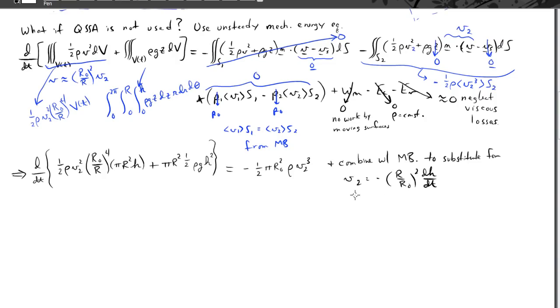So we'll substitute for this V2 here, and we'll substitute for V2 here, and rearrange the expression.